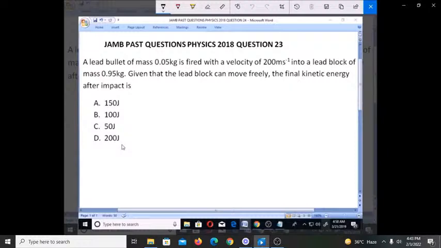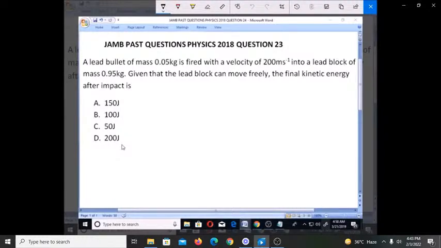Now, for us to be able to appreciate this question very well, we need to understand the formula of conservation of energy and momentum when there is an impact due to firing.